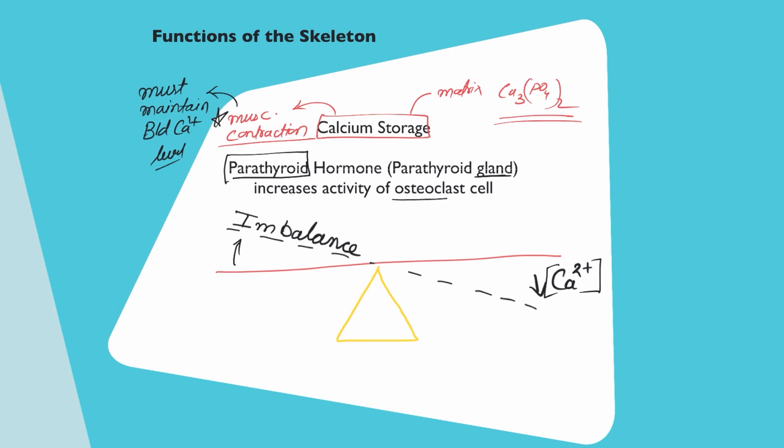This increases the activity of the osteoclast, a cell which is supposed to decompose or degrade your bone matrix, and hence PTH would cause the degradation of the matrix, and hence it would increase the calcium level in your blood. In this way, it brings the calcium level back. So why could it do that? Because we had the calcium stored away, and hence it is an important function of our skeleton.